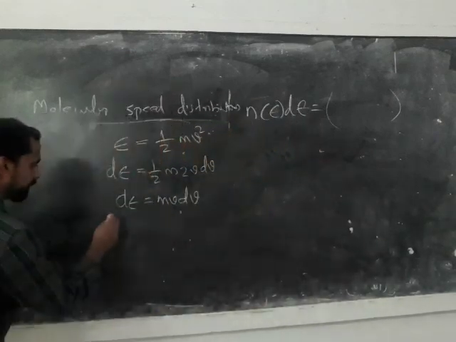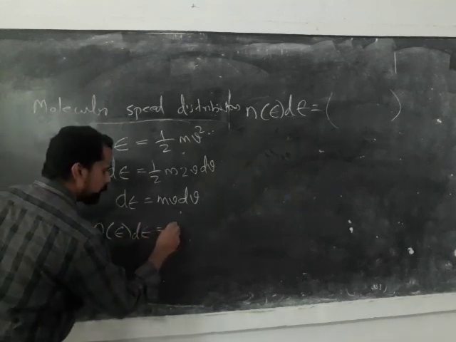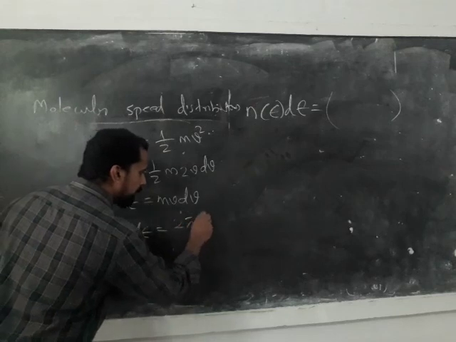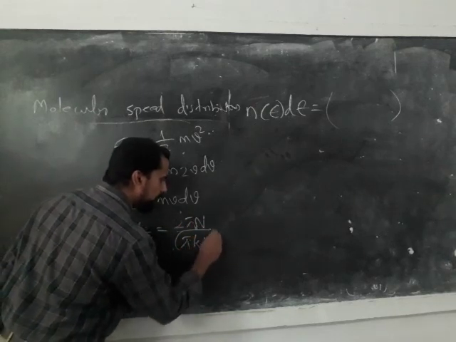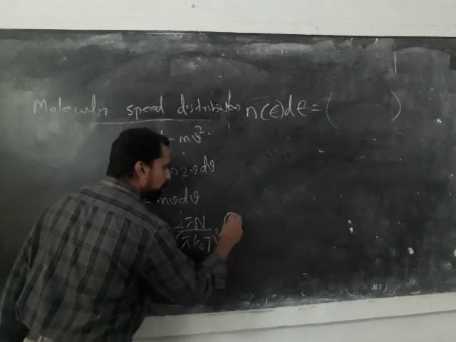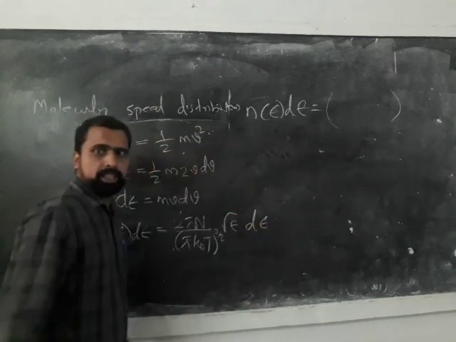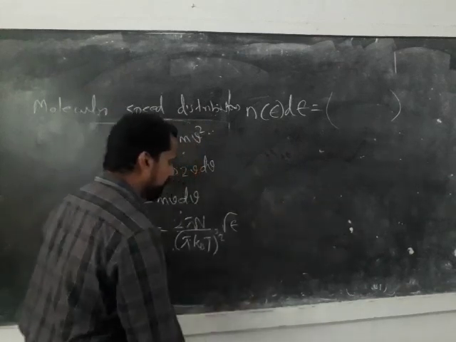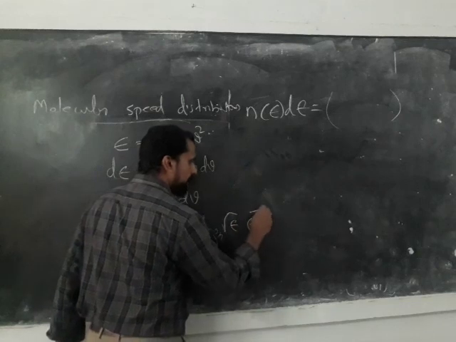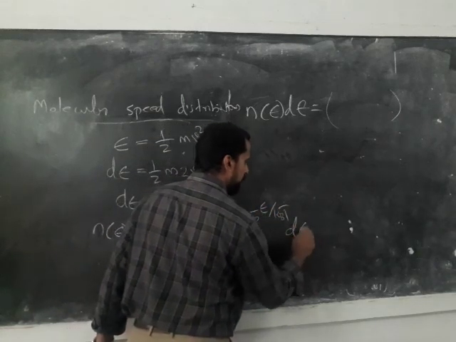That will give you n of epsilon d epsilon is equal to 2 pi n by (pi kBT) all raised to 3 by 2 root of epsilon, sorry, I forgot the exponential term, that is e raised to minus epsilon by kBT d epsilon.